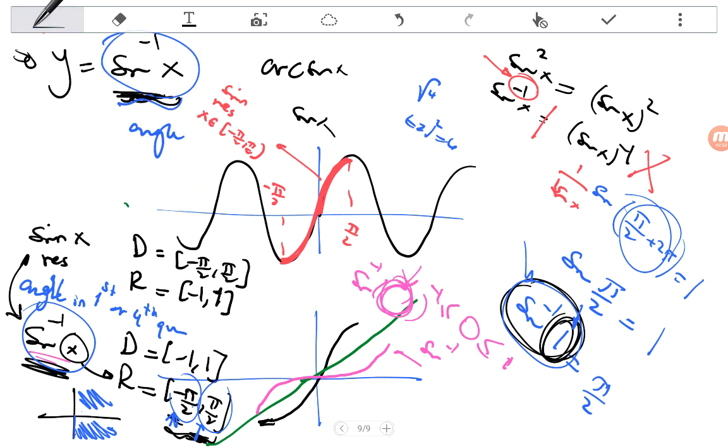What about the symmetry of this function, the sine inverse? Is it odd or even? Remember a rule: the inverse of an odd function is an odd function. So that will be an odd function. So whenever I have sine inverse of negative something, the negative will come out, like this.